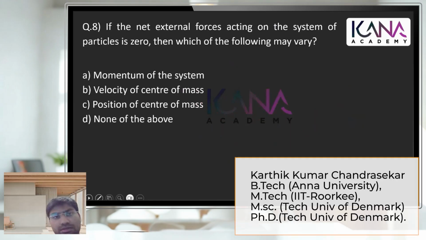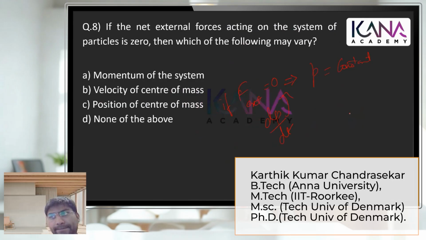Then question 8. If the net external force on the system is 0, which may vary? For example, if F external is 0, that means P is constant, right? Because then only dP by dt will become 0.